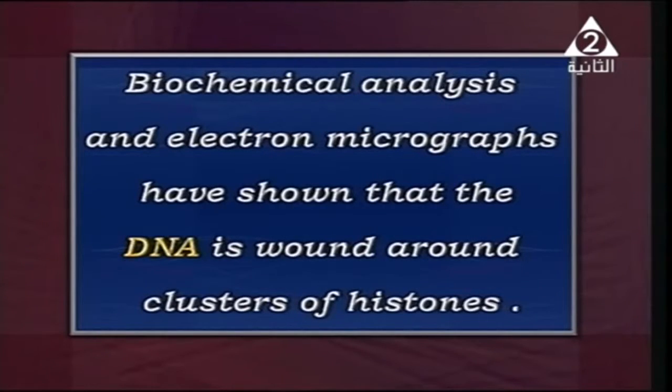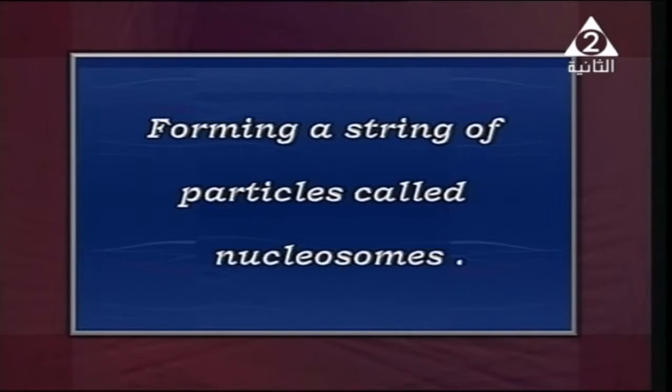A cluster means what? A cluster means a group of histones, and also we have two types, as we said, histones and non-histones types. They form a string of particles called nucleosomes. Again, we're going to know how the proteins or the enzymes play an important role in the packing of this length inside just a tiny length of 2 to 3 micrometers.